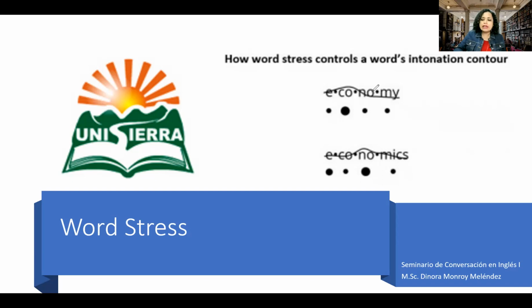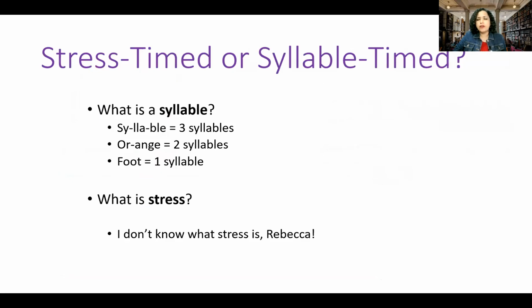So let's see what this topic is about. Let's start talking about stress timed or syllable timed. So we need to understand the first part here, just follow me when I'm explaining this, please.